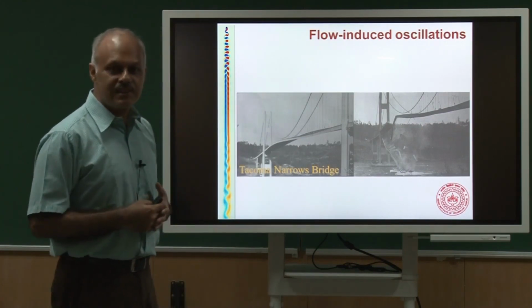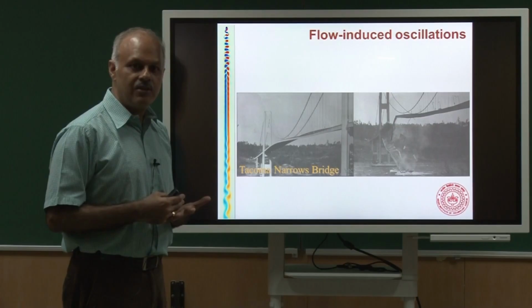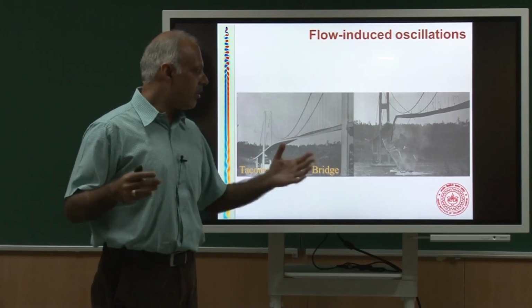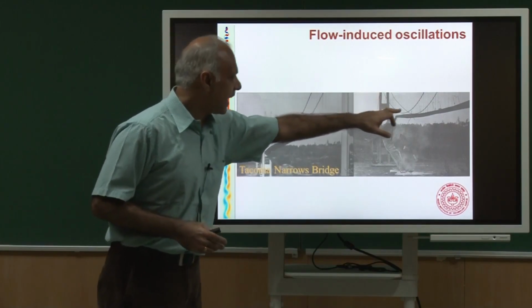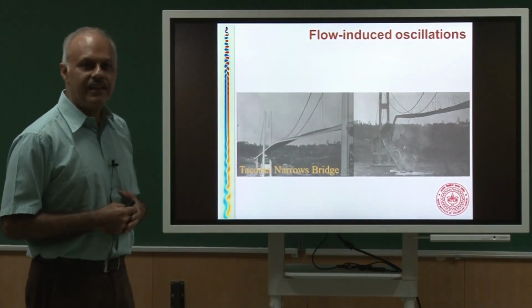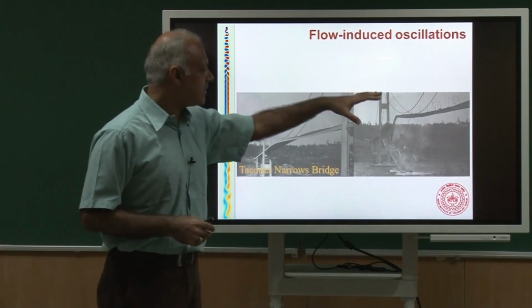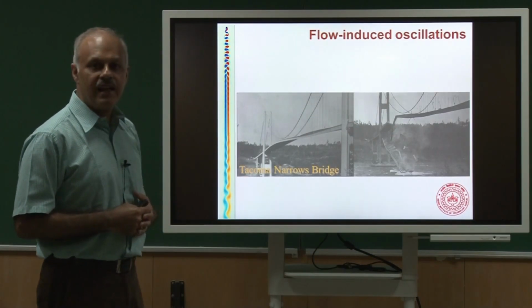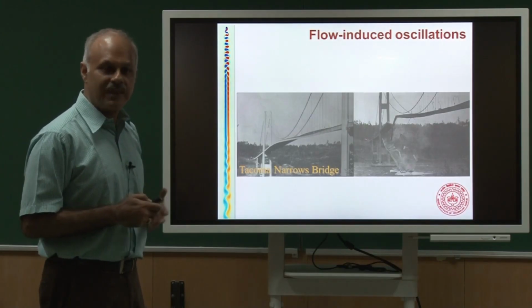Another example of this is the electricity cables. Cables that carry electricity maybe over a long distance have this kind of catenary structure, and when you have wind blowing past them, you could get some kind of unsteady flow on it, and they can start oscillating, and perhaps they can also fail.